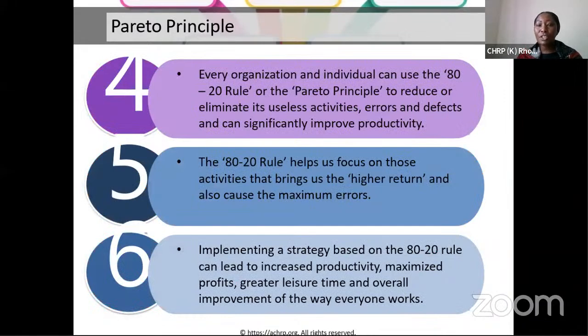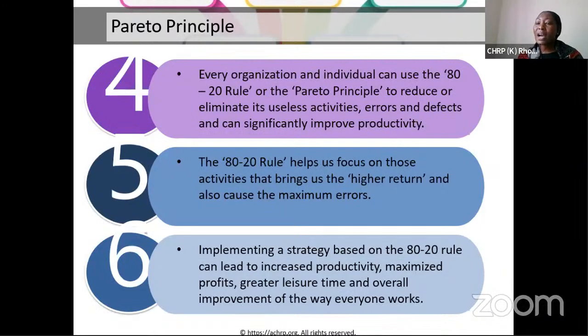So let's look at some of the issues or the principles behind this. It is also said, on the fourth point, that every organization and individual can use the 80-20 rule, or what we call the Pareto Principle, to reduce or eliminate useless activities, errors, and defects, and can significantly boost productivity. The other thing we need to note is that the 80-20 rule helps us to focus on those activities that bring us the highest returns and also cause the maximum errors.